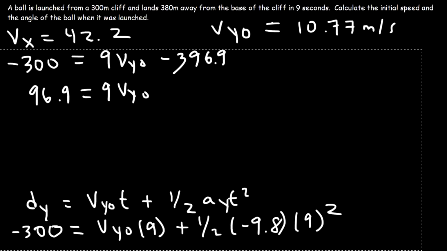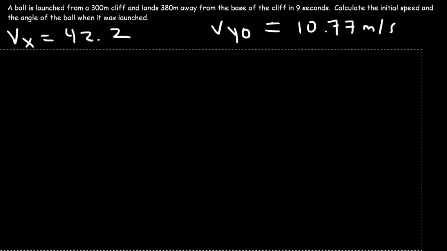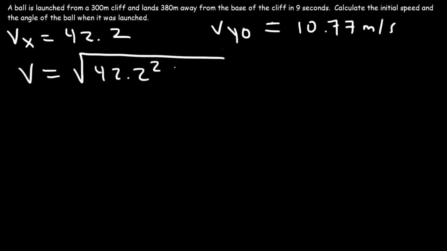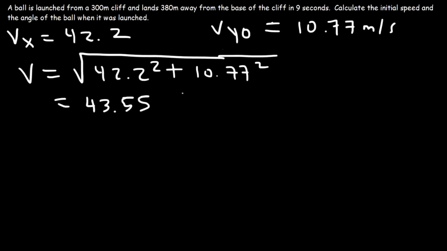So now that we have Vx and Vy at position A, we can now find V. So it's going to be the square root of Vx squared plus Vy squared. And that's going to be about 43.55 meters per second.